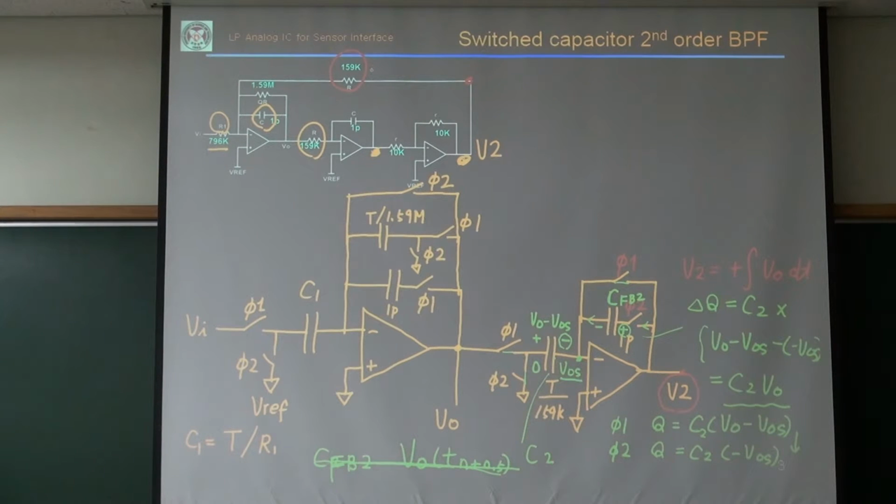So for this switch capacitor, for this feedback resistor 159K, I must sample V2 during phi 2. To implement that one, I have a feedback capacitor. This is a CT of 159K.